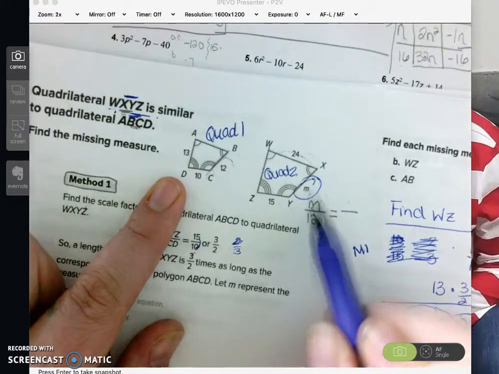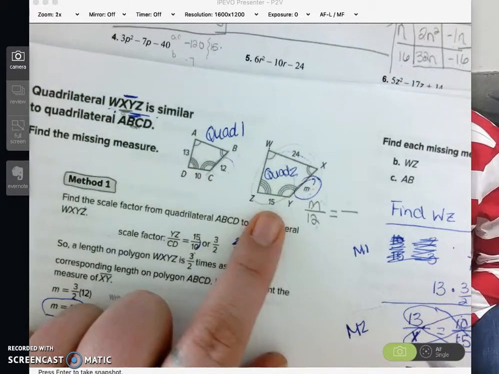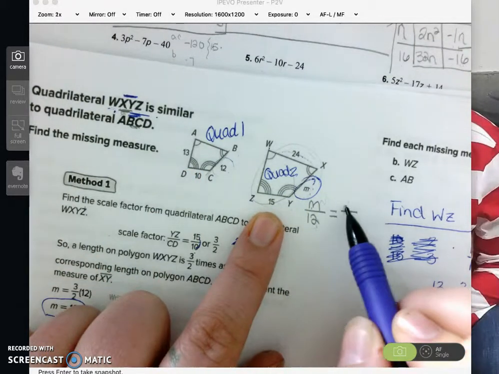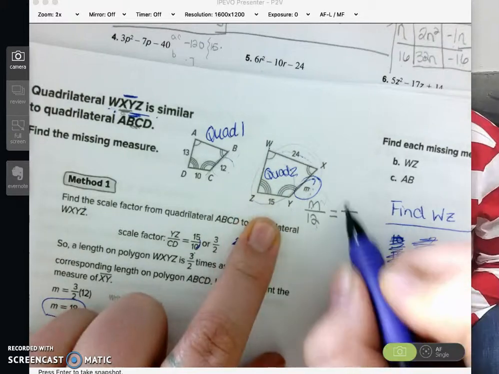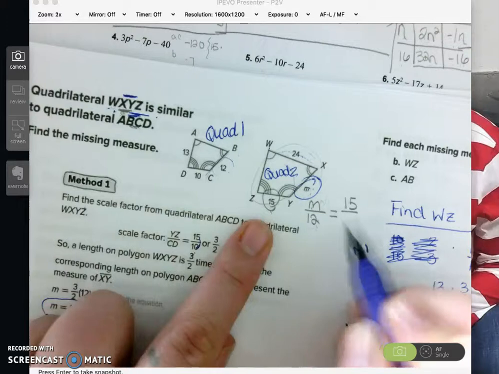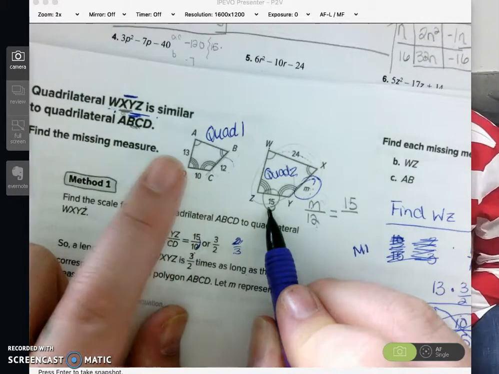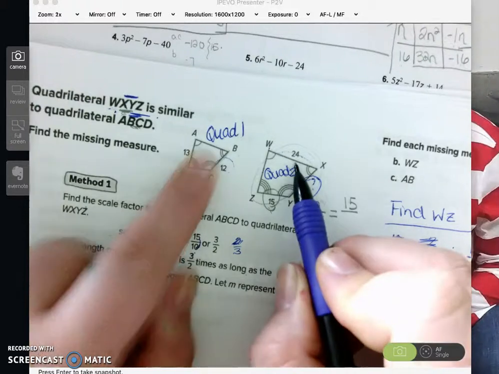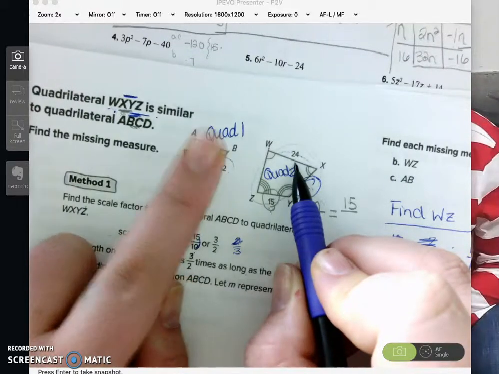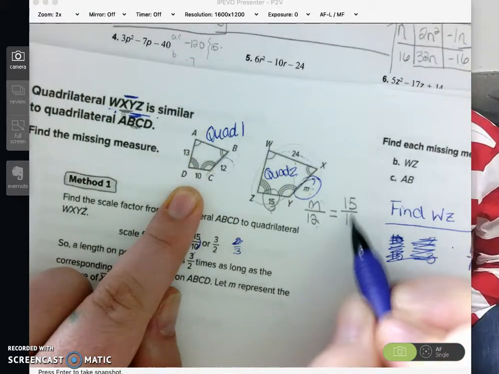But m is from this shape, so I need to take this one from this shape. So I'm going to take 15. I'm using 15 because 10 is the corresponding side, and it's there. If I were to take 24, I don't know what the corresponding side of 24 is. I haven't figured that out yet. Okay, so 10 would go here.